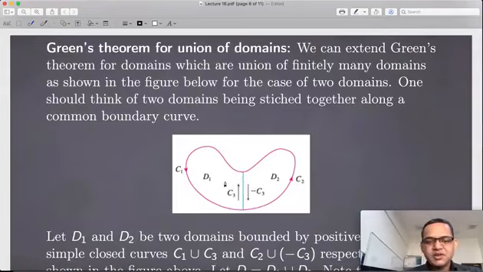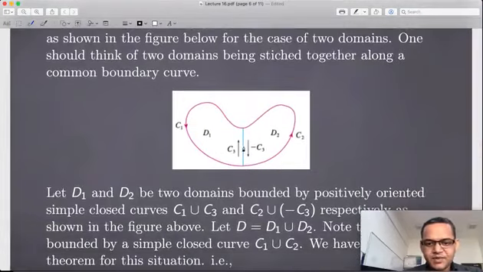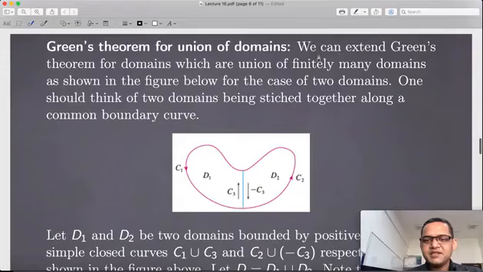So we have Green's theorem for D1, we have Green's theorem for D2. Do we have Green's theorem for the union? Yes, you can do that, and all you have to do is basically just realize the following thing. Here I have written that we can extend Green's theorem to domains which are the union of finitely many domains, as shown in the figure.